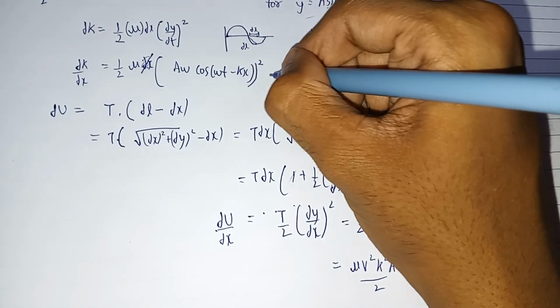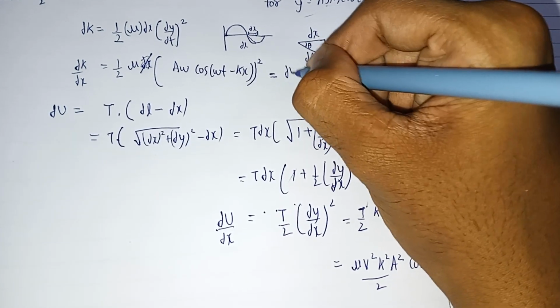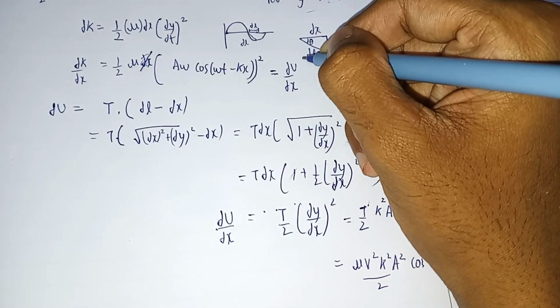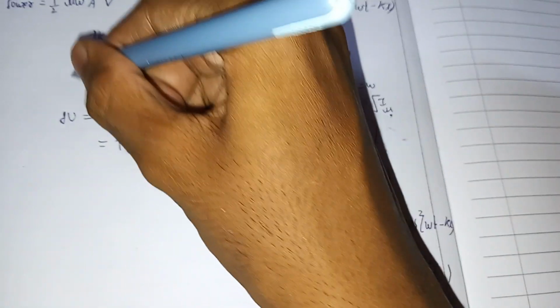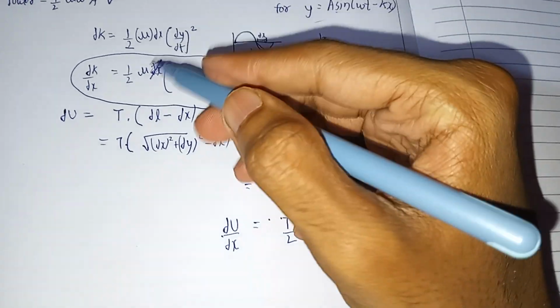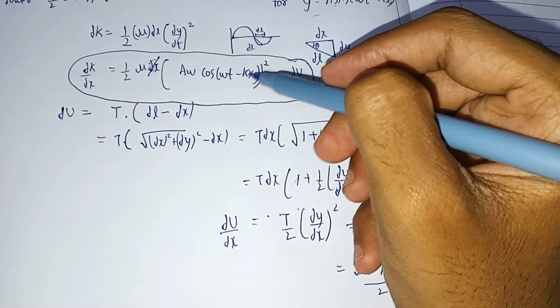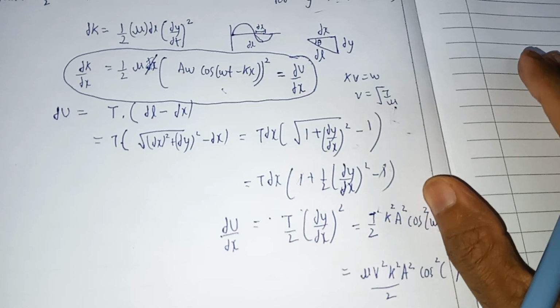So this is the same as dU by dx, and hence we are aware that at any point the potential energy per unit length and kinetic energy per unit length are both the same.